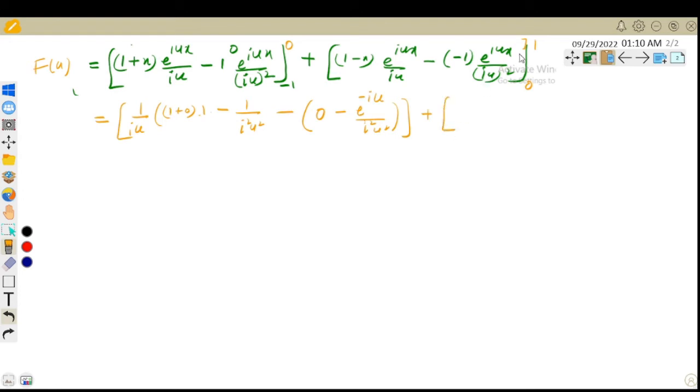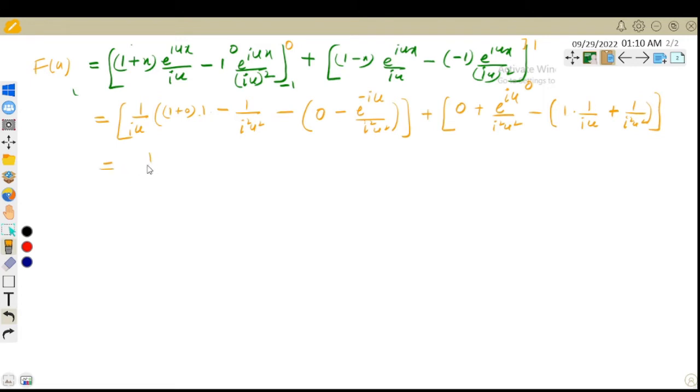For the second term, substitute 1, the first value becomes 0, minus minus plus, e raised to iu divided by i square u square, minus the lower limit substitution, 1 minus 0 is just 1, into 1 divided by iu, because e raised to 0 is 1, plus e raised to 0 is 1 divided by i square u square.